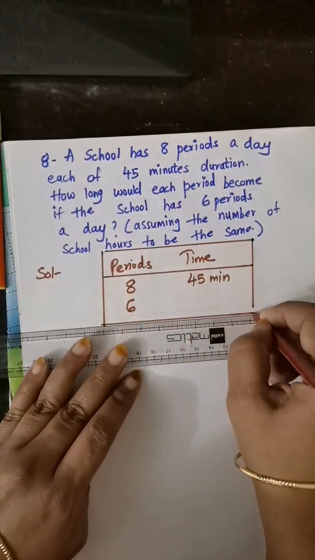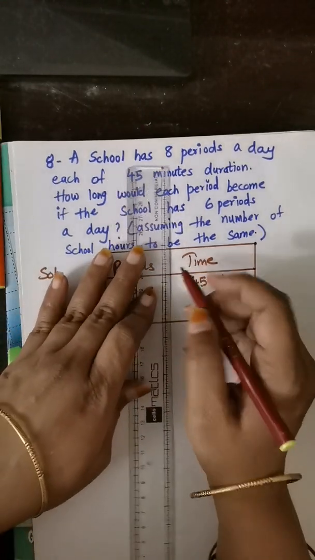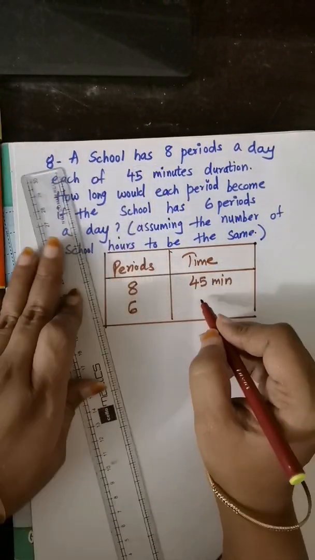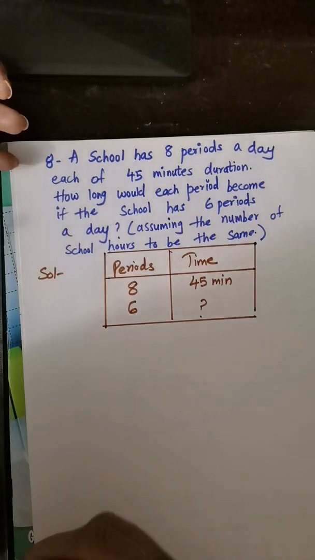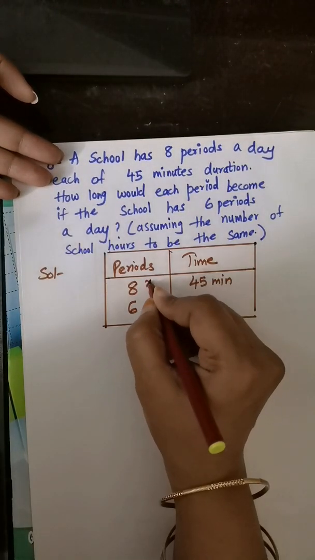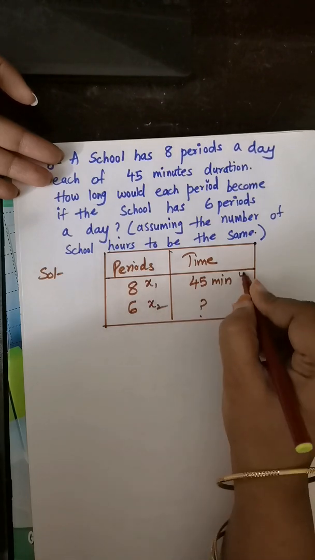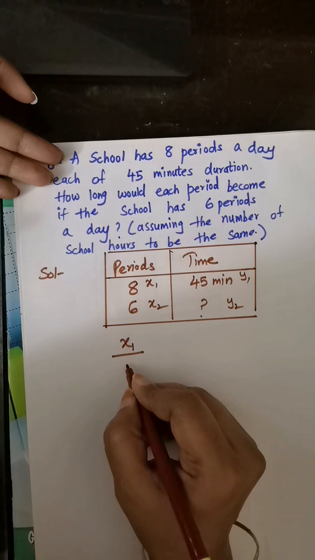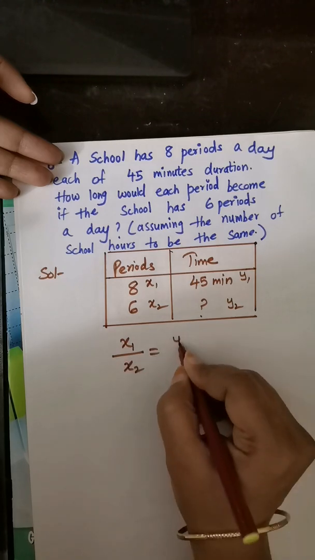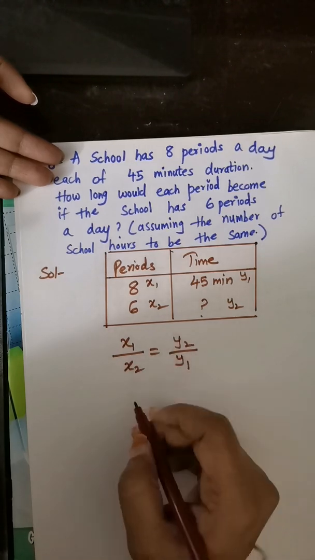So what will we do now? We will take this as x1, x2, y1, y2. The sum is based on inverse proportion. So x1 by x2 is equal to y2 by y1.